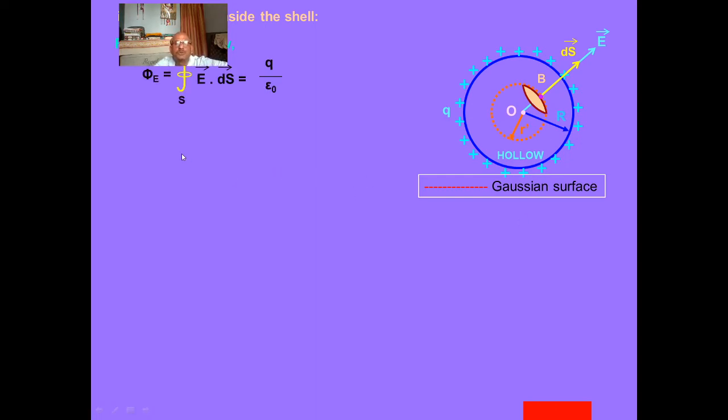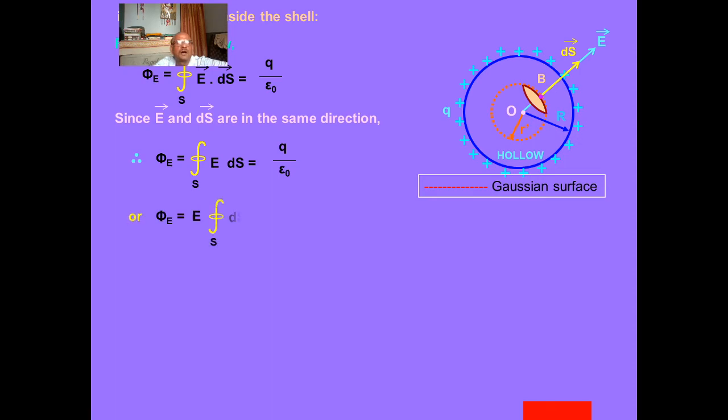So if we use the Gauss law to find the electric field at point B, we use once again the surface integral E dot ds equals q by epsilon naught. Here the area vector and electric field vector are in the same direction. So we can say E into 4 pi r dash square equals q by epsilon naught.